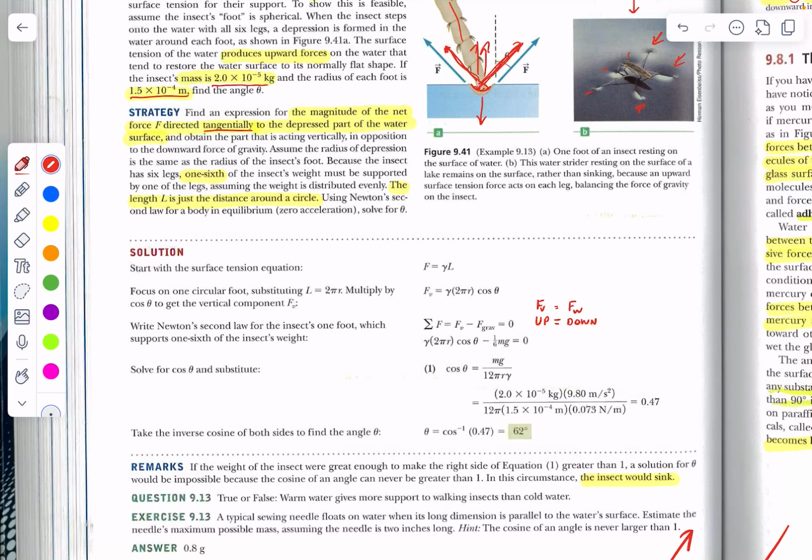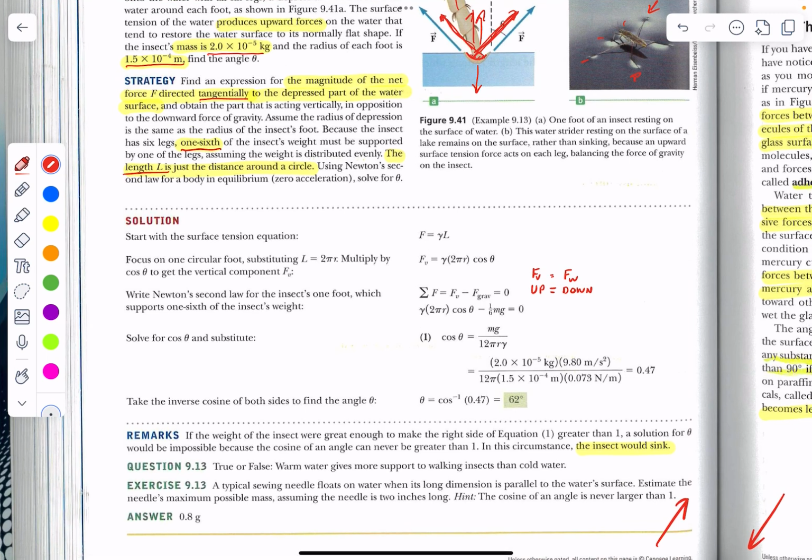And we're going to just look at one leg, so we only need 1/6 of the insect's weight. And the length is going to be the circle where the leg of the insect is pushing down in. That circle depression.